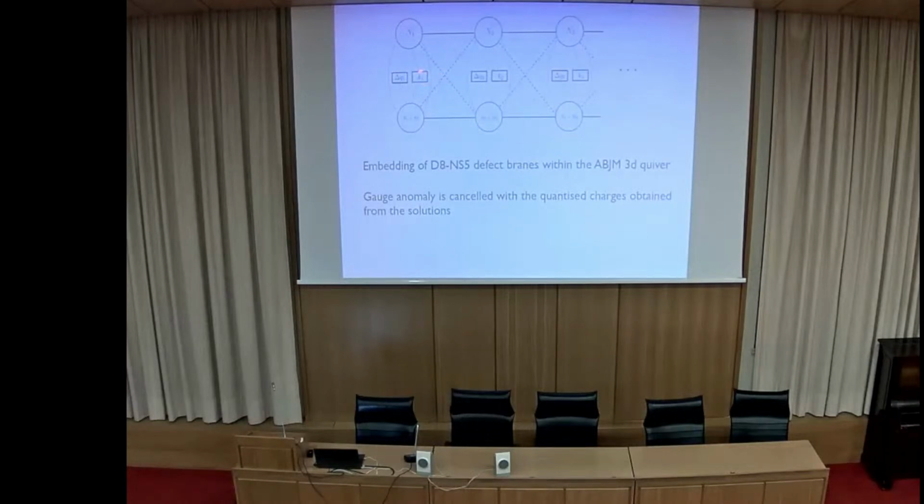And also you have this difference coming from these flavor groups that replace the Chern-Simons levels. So I said this is consistent in the sense that if you are building a (0,4) quiver, you have to check gauge anomaly cancellation, and this is consistently satisfied up to some caveats, because of course we are dealing with our charges.